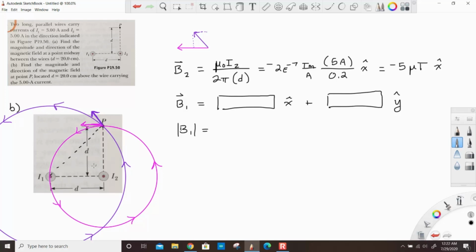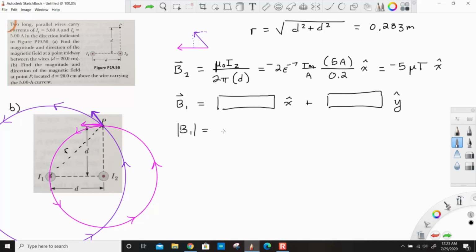By the Pythagorean theorem, if this is d and this is also d, then our distance here, r, should be equal to the square root of d squared plus d squared. If you plug in your value for 20 centimeters, or 0.2 meters would be a better way to do that, then you should end up with about 0.283 meters, about 28.3 centimeters from this point to this point.